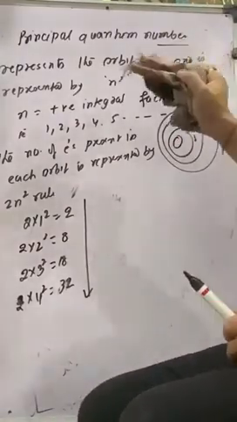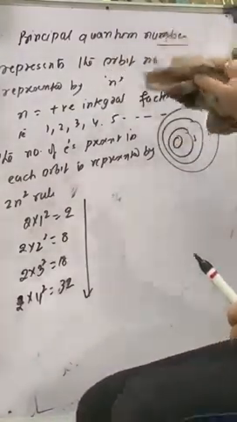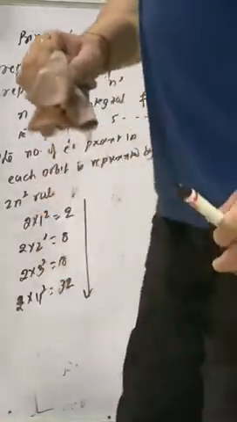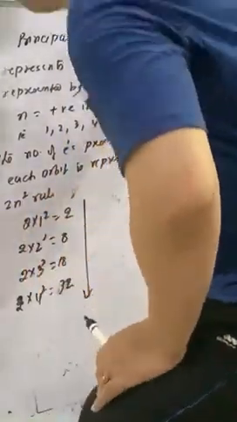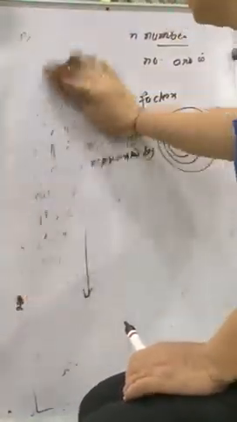Now see students, this is the principal quantum number discussed in detail. The next one is the azimuthal quantum number.